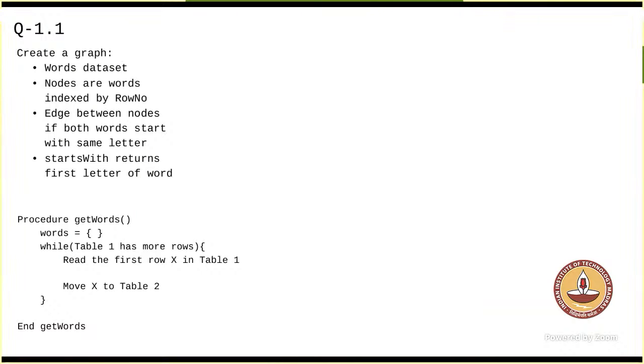So now we are just getting hold of all the words. We are just getting the words of the data set into a dictionary. So what will be the statement here? For words I equal to explode x dot word.